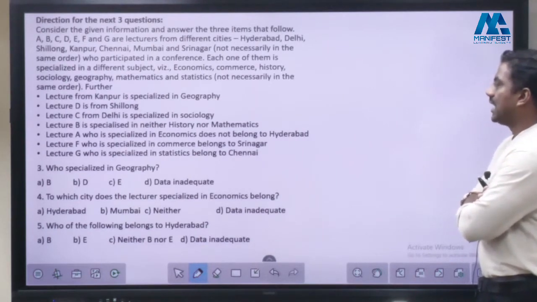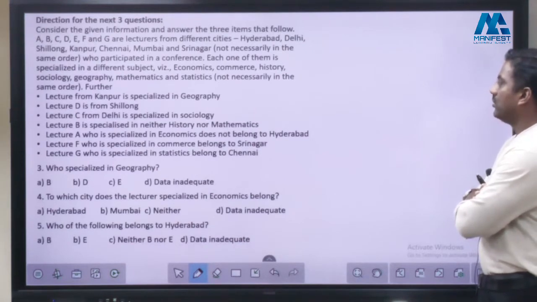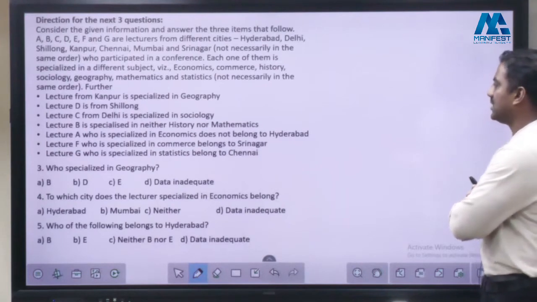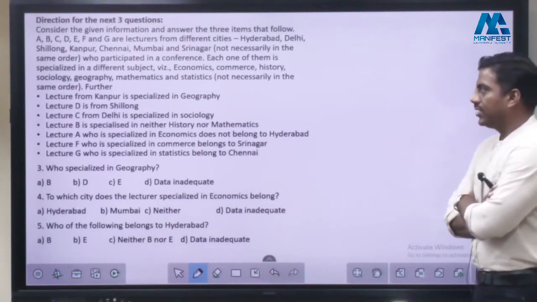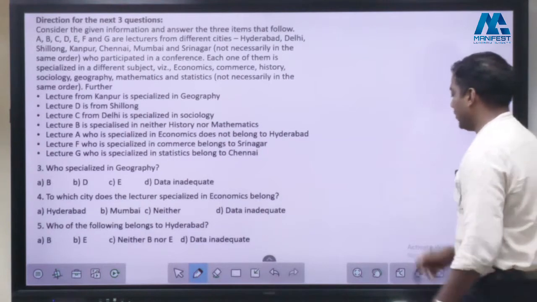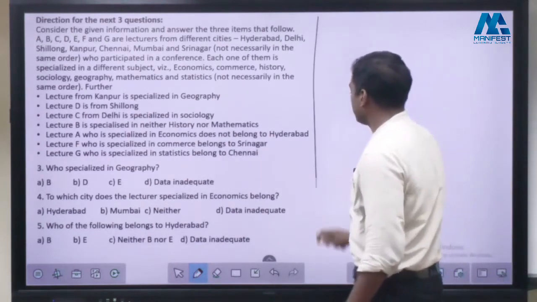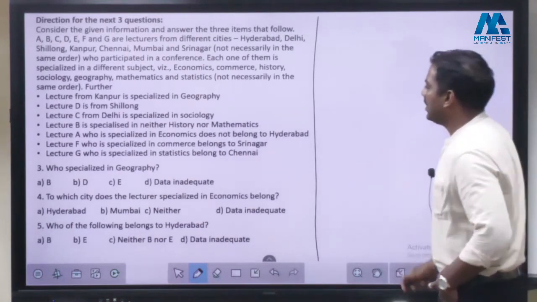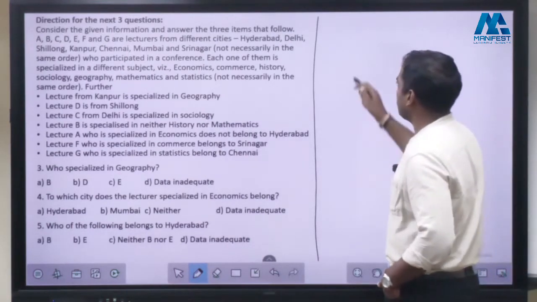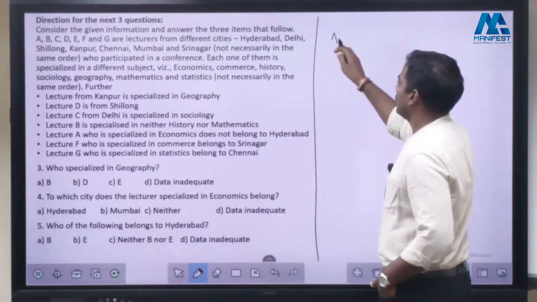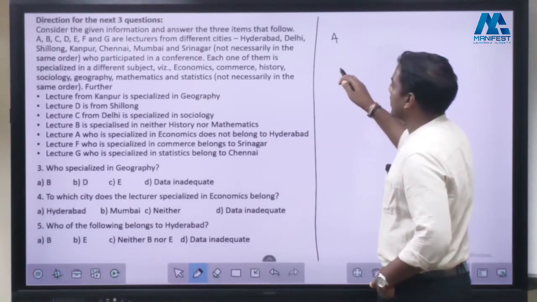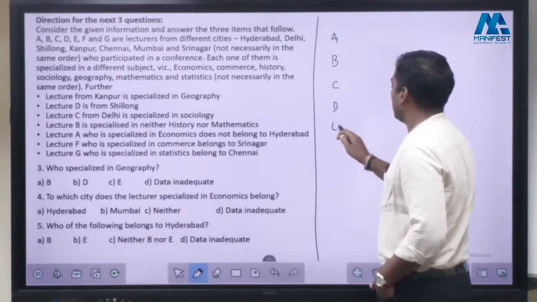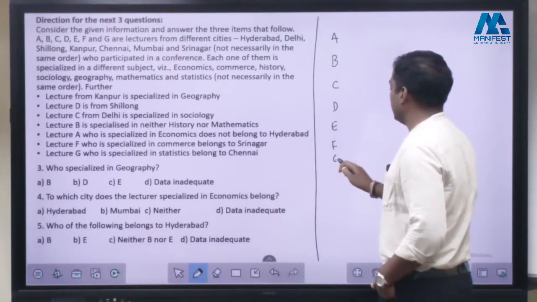Each one of them specialized in different subjects: economy, commerce, history, sociology, geography, mathematics, and statistics, not necessarily in that order. Now, this is a problem of tabulation. So, how many? A, B, C, D, E, F, G. Okay, 7.